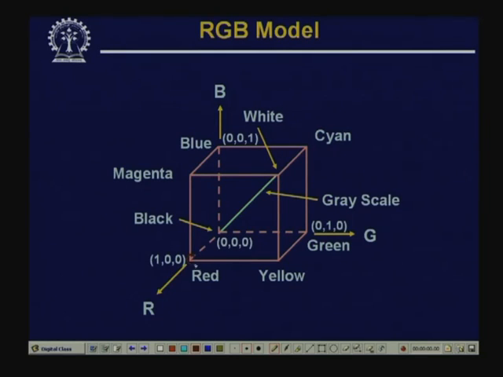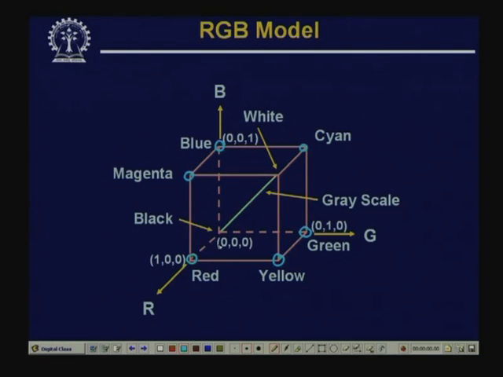This is the location which contains the red, this is the location 0, 1, 0 which is the green point, and 0, 0, 1 is the blue point. So, the red point, green point and blue point are along three corners of a cube in this Cartesian coordinate system. Similarly, cyan, magenta and yellow are at the other three corners in this cube.